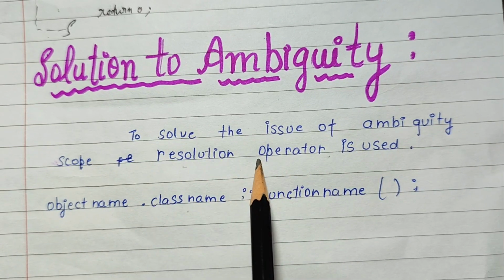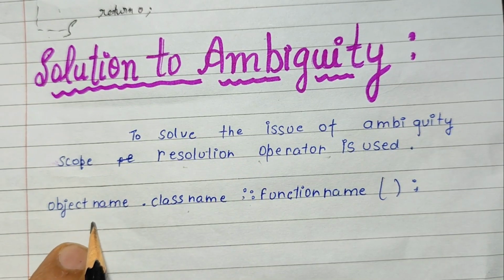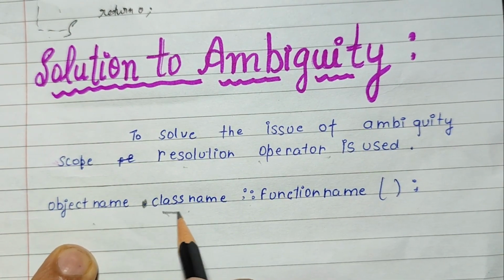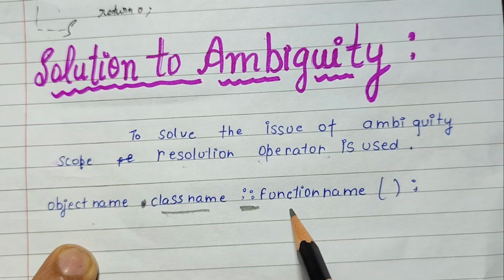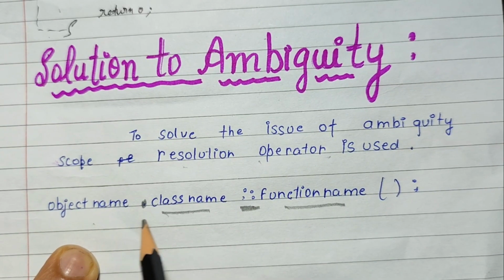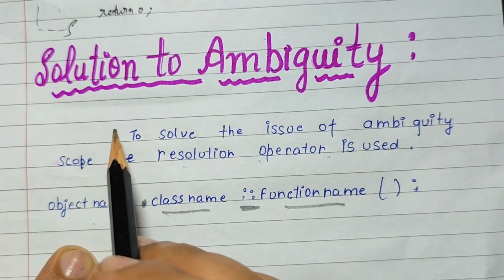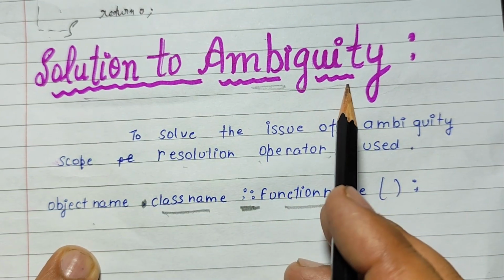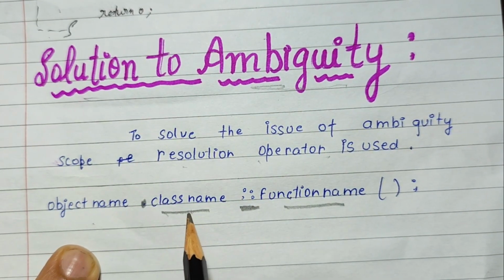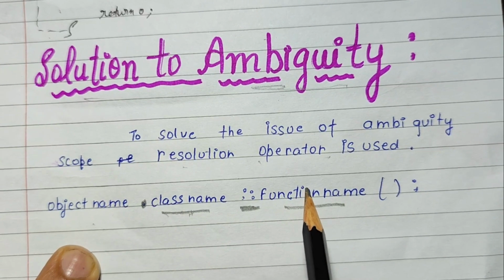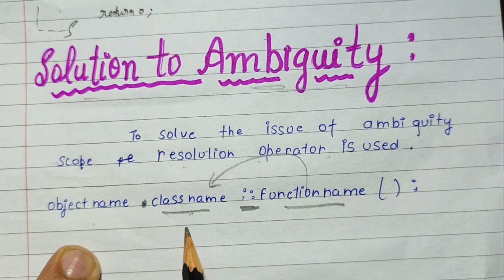How to use the scope resolution operator? You write object name dot class name, then scope resolution operator, then function name. Always follow this rule for solving the ambiguity in multiple inheritance, because here the class name specifies which class this member function belongs to.